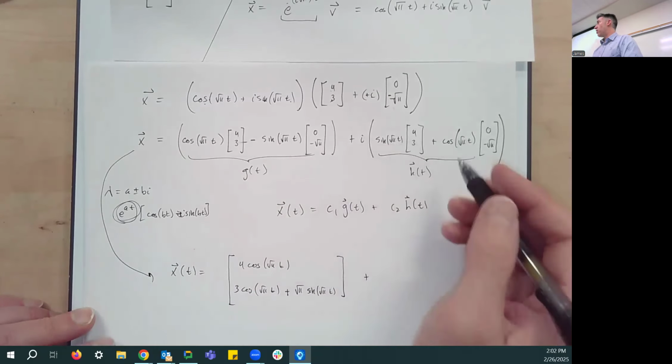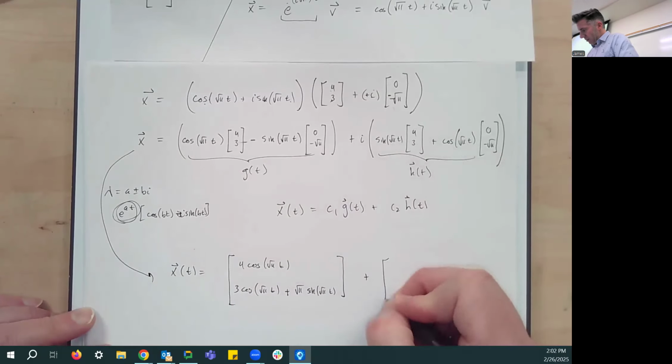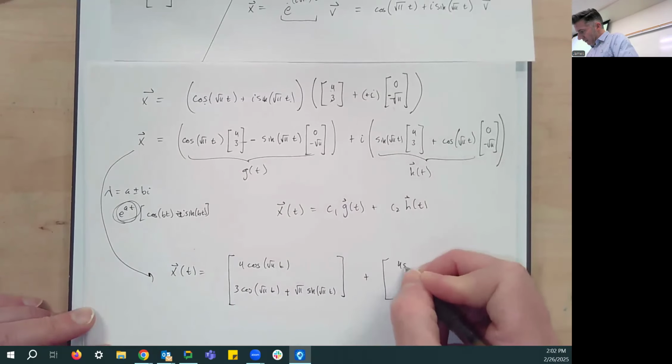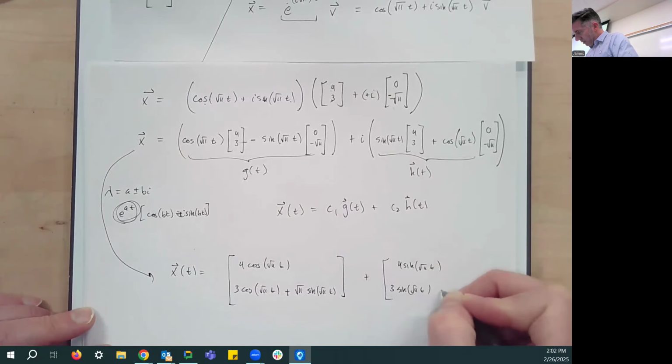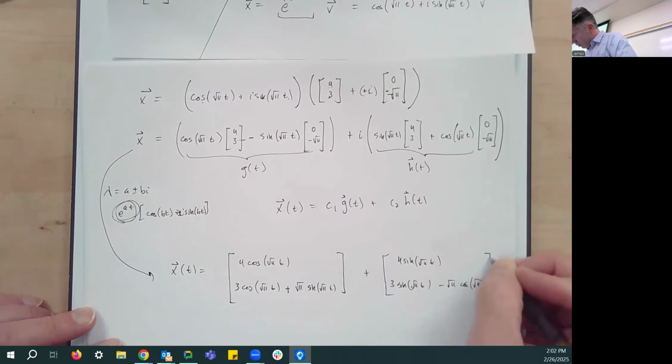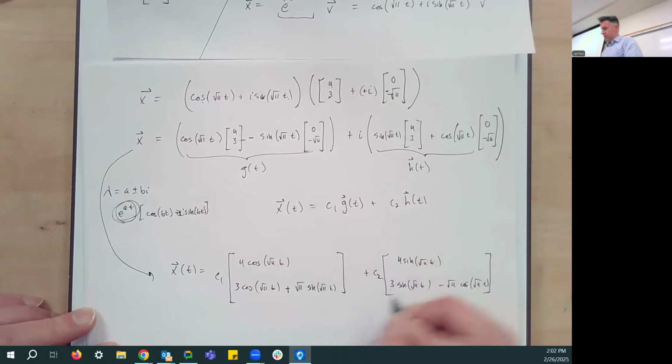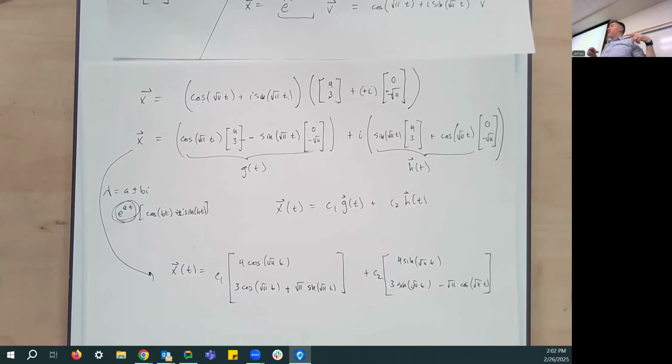Plus, we're almost done, sorry. And then you have the other part here: 4 sine of root 11t. And then the second part is 3 sine of that minus root 11 cosine of root 11t. And then you put a c1 and a c2 in front of this. That's how I'd write it. And if you had to find the c1 and c2 because you're given initial conditions, you plug in t equal to 0. Remember that cosine of 0 is 1, sine of 0 is 0. Solve for c1 and c2.